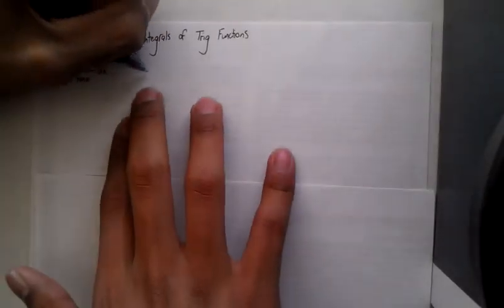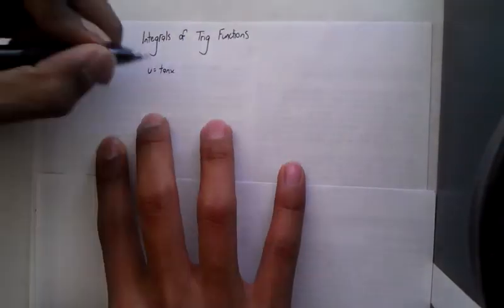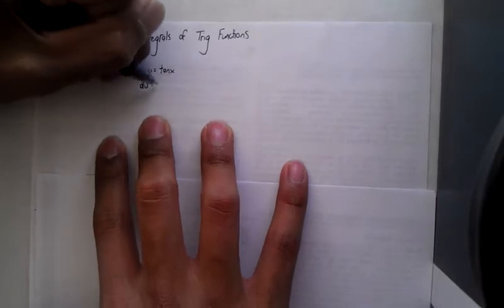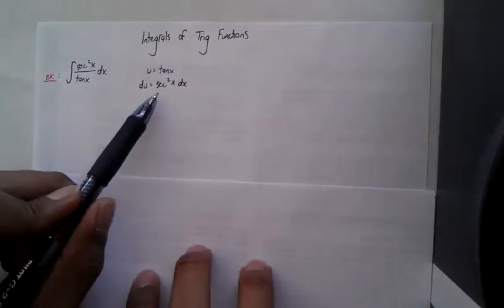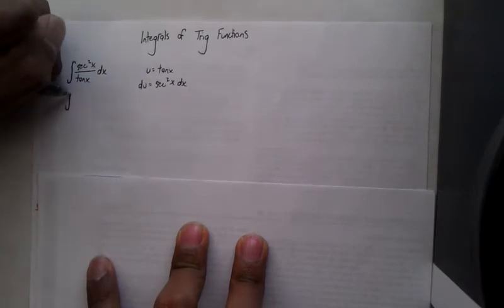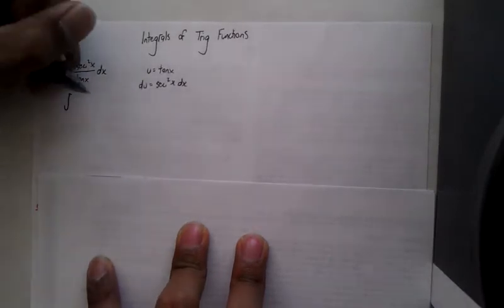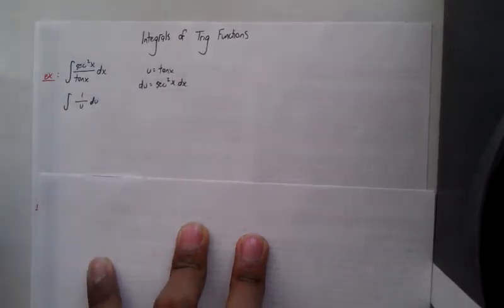So this first one, we want to take the integral of secant squared x over tangent x dx. There's nothing we could really simplify right from the beginning, so we'll just do a u substitution. We'll make u equal to tangent x, differentiate that, and what do you know, we get secant squared x dx as our du, so that could be substituted right here, and we get 1 over u du.